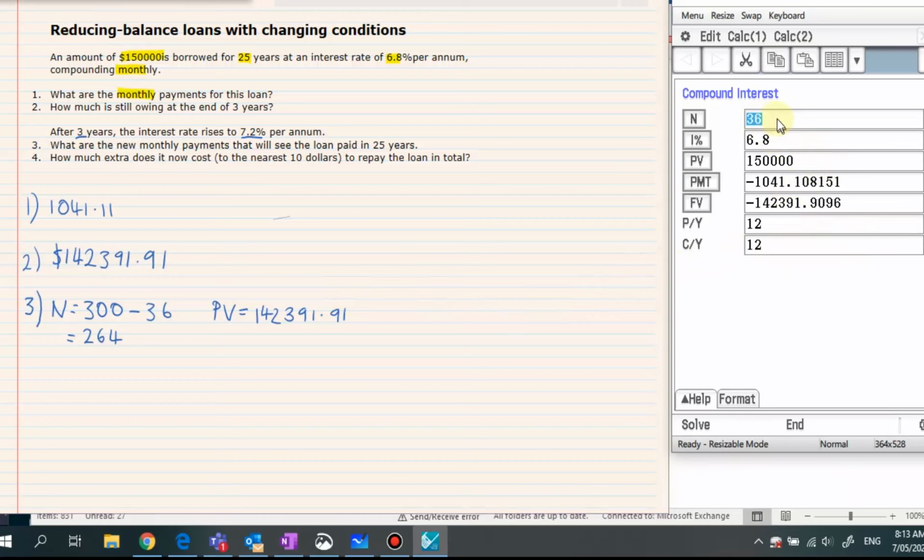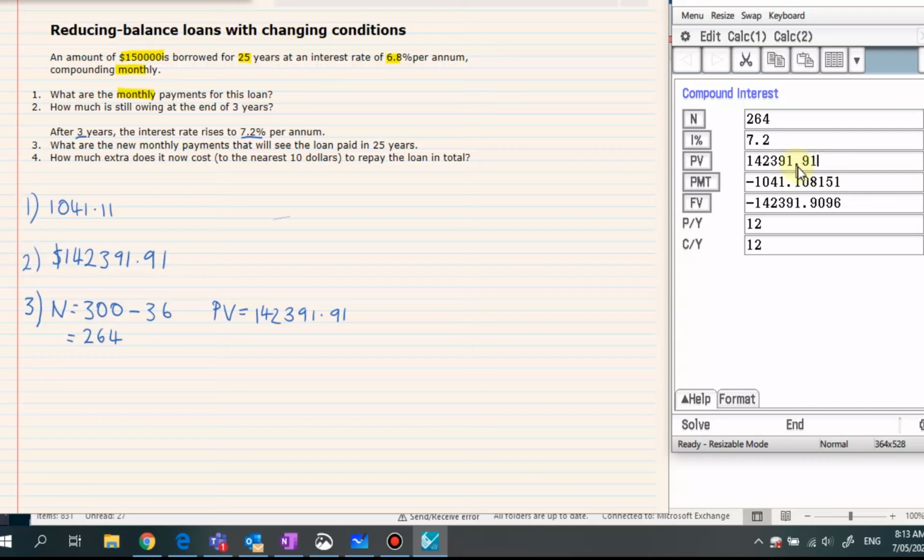So up here we're using some different values. First one is 264. Then we have the new interest rate of 7.2. Our present value is 142,391 and 91 cents.